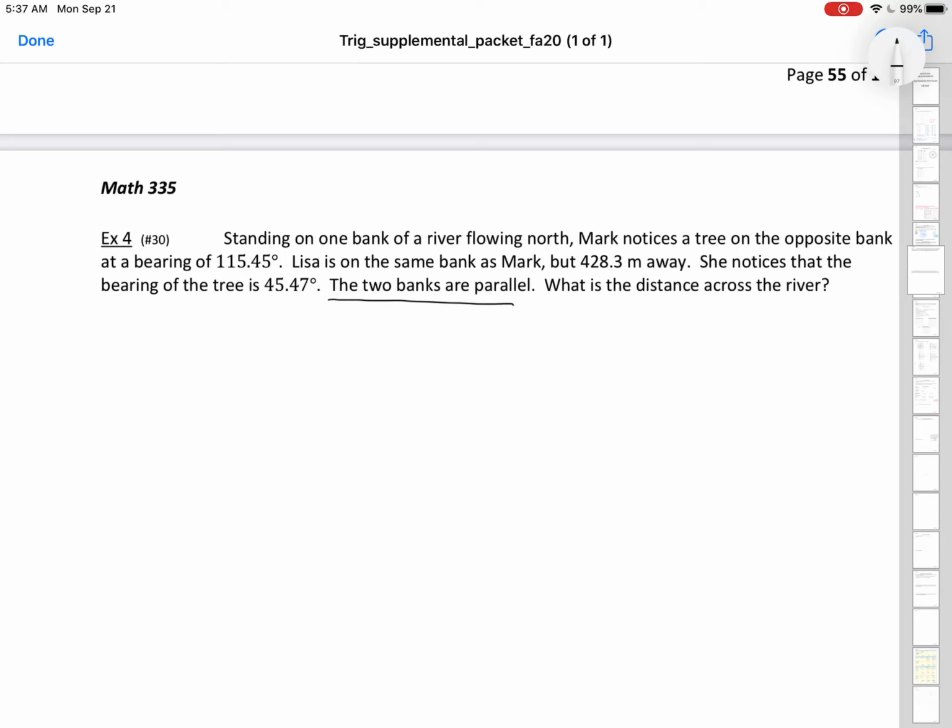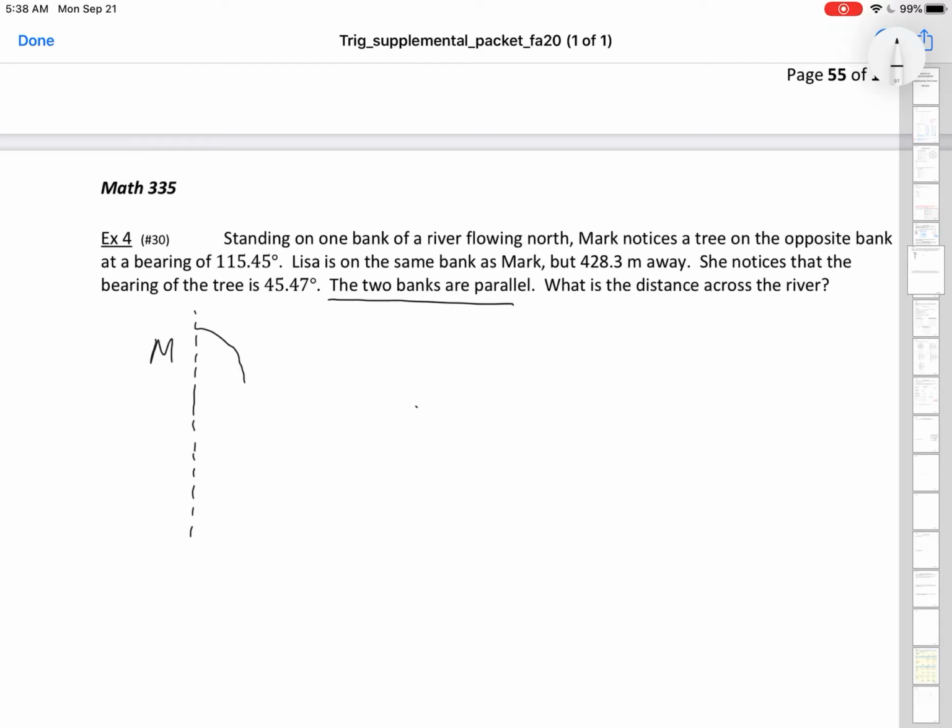Okay, so let's take a look. Mark is standing and notices a tree on the opposite bank at a bearing of 115 degrees 45 minutes. So here's Mark, and he notices a tree. I'm going to draw this line because the bearing's off of the north-south line, and we got to go 115 degrees off of that north-south line.